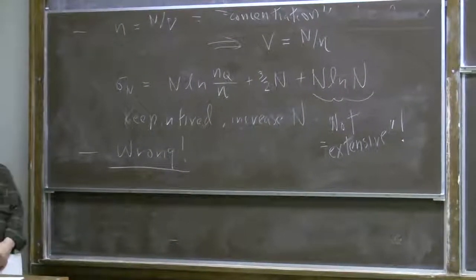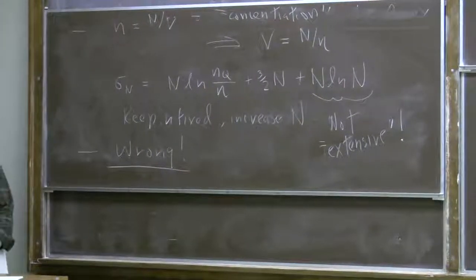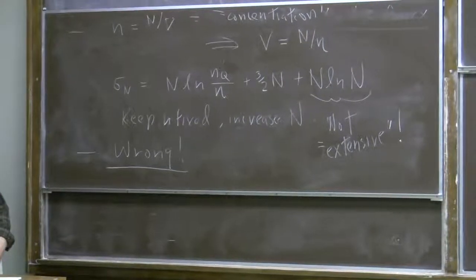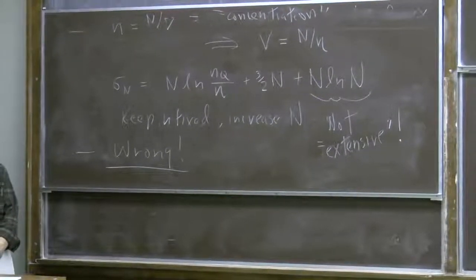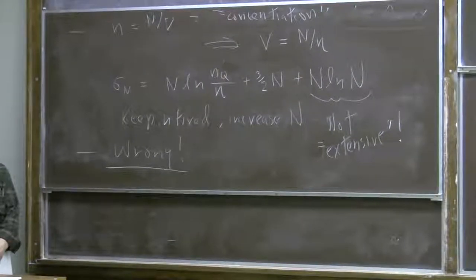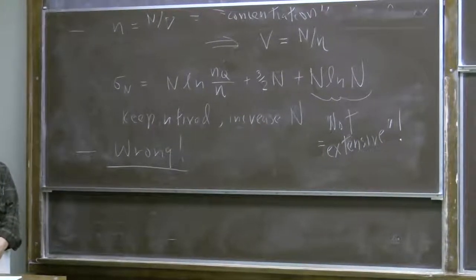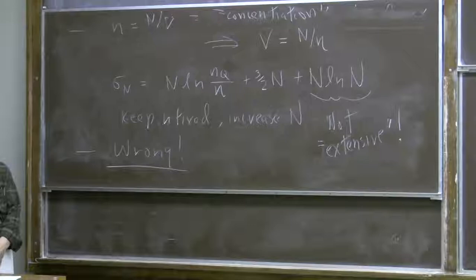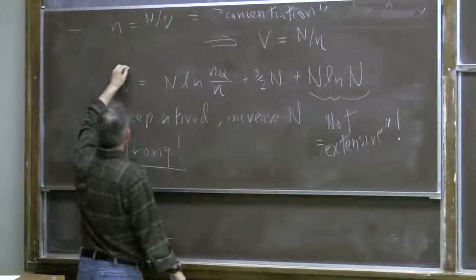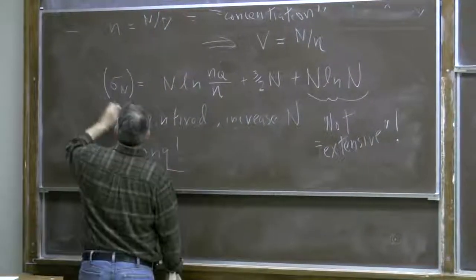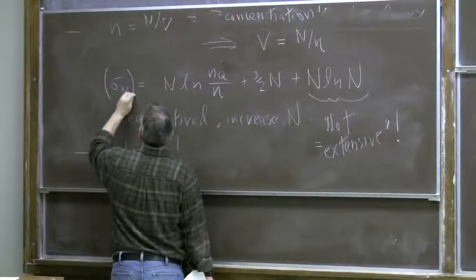So we have to look back at our calculation and think how it could be wrong. Well, it's mathematically correct under the assumption stated. The assumption stated was that the particles are distinguishable. So just to make sure there's no confusion, let's call this the entropy for N distinguishable particles.